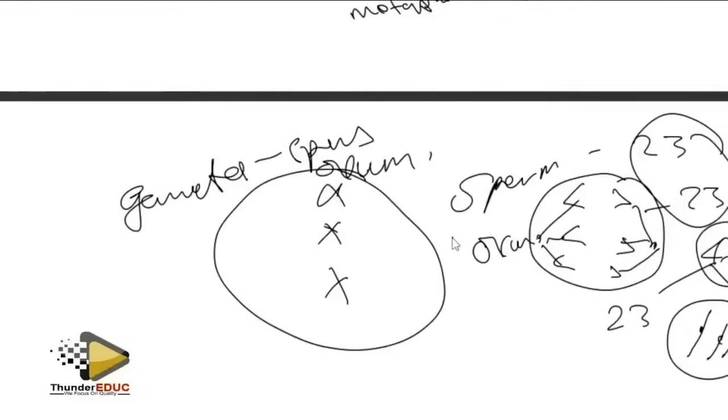Meiosis takes place in the testis, in humans, and then in the ovary, that is female. Anthers in plants, that is male, and the ovary, that is female, for the case of plants. You have to know those things.